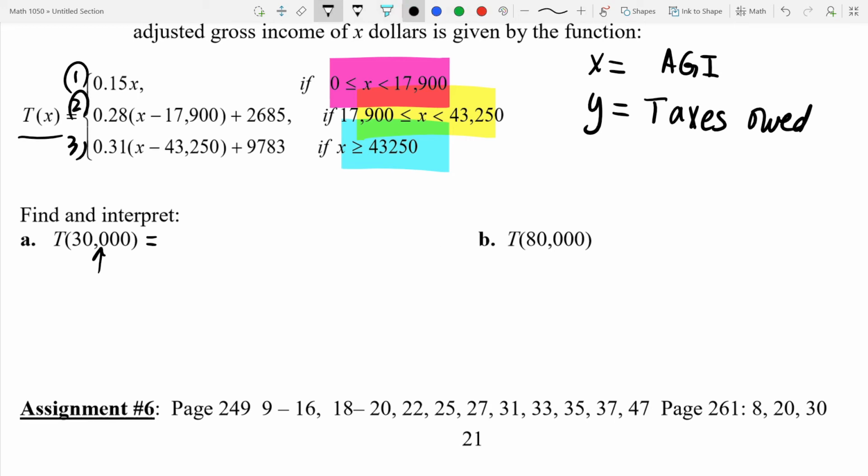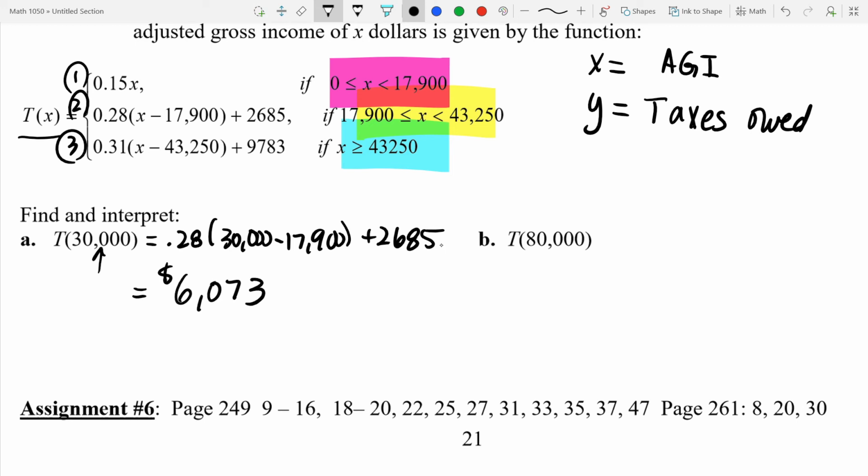So everybody grab your pencil and go 0.28 parenthesis 30,000 minus 17,900, close it off, plus 2685. Let's stick that whole thing right in our calculator.